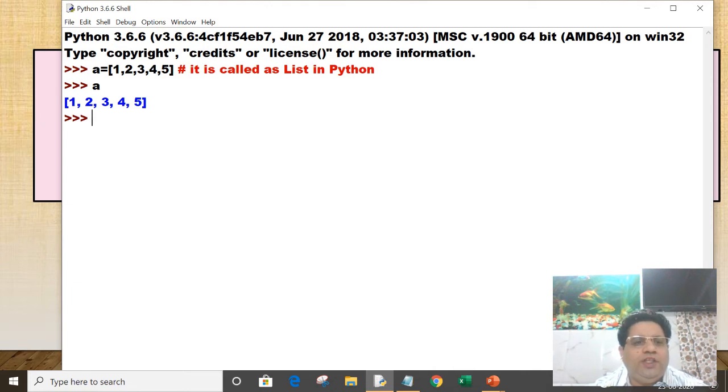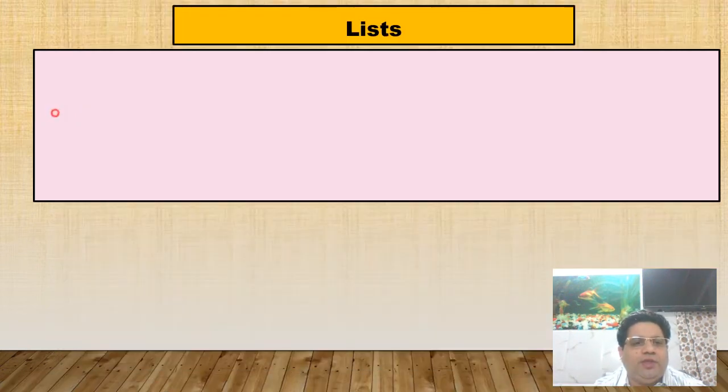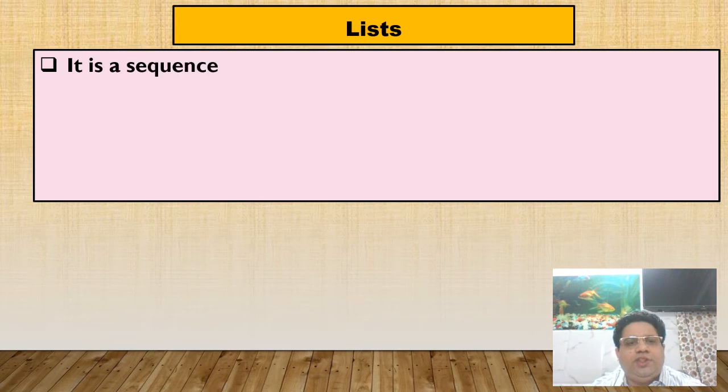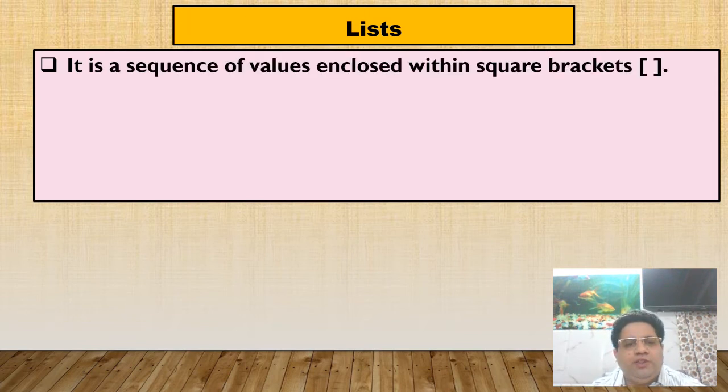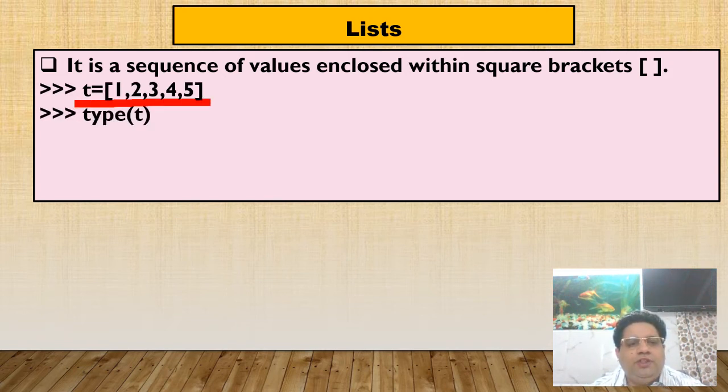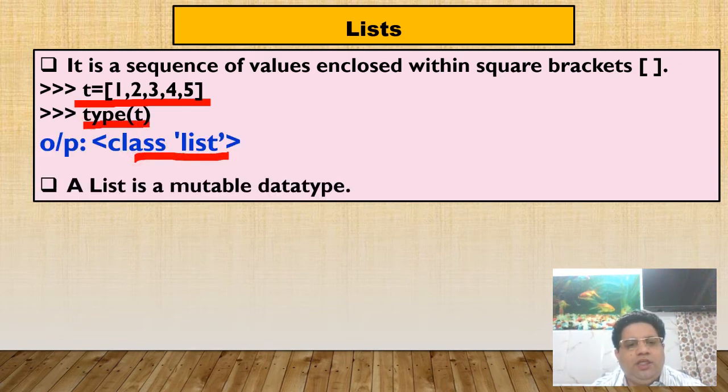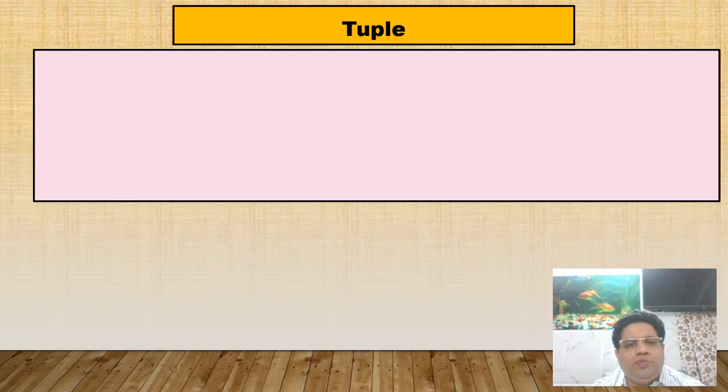So when you print a, you will get the values within square brackets. So it is a sequence of values enclosed within square brackets. For example, if you write t equal to 1, 2, 3, 4, 5 within square brackets and now you print the data type of t, you will get class list. And again, a list is mutable. It means its value can be changed. It is not immutable.